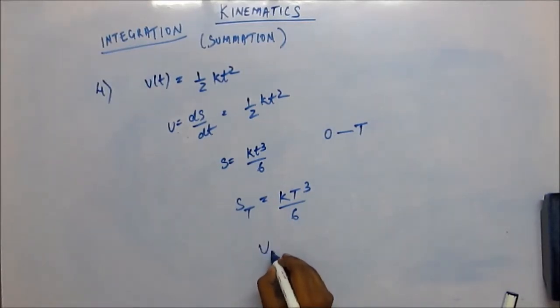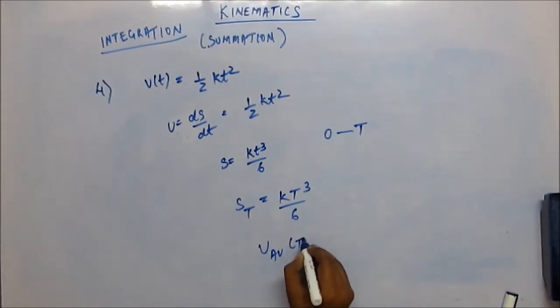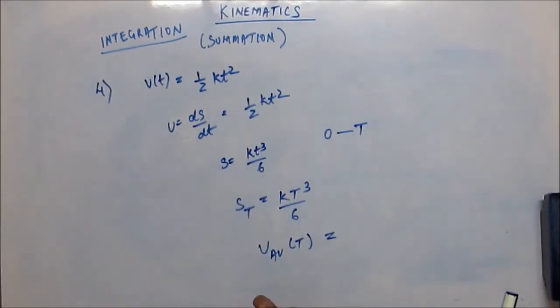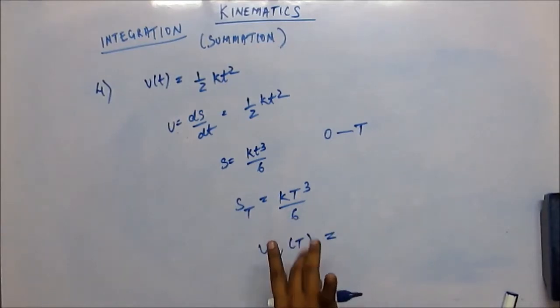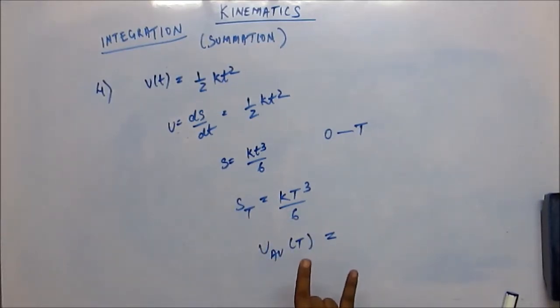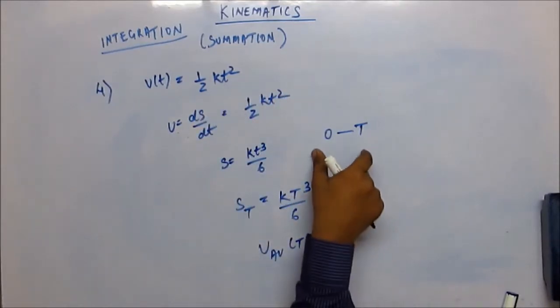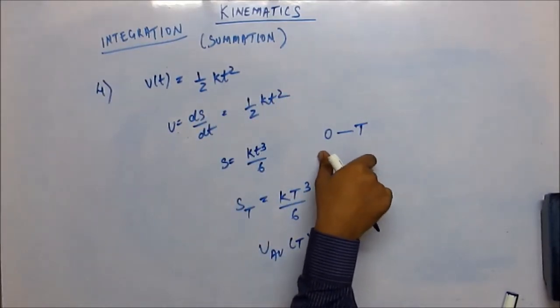So the average velocity in the time period 0 to capital T, because that would change. As you can see, velocity for different time periods will be different. If we calculate average velocity for 0 to 1 second, that will be different than 0 to 3 second or 2 to 3 second, because velocity is time dependent. So we'll have to fix the range first. We are looking for 0 to capital T, this period.